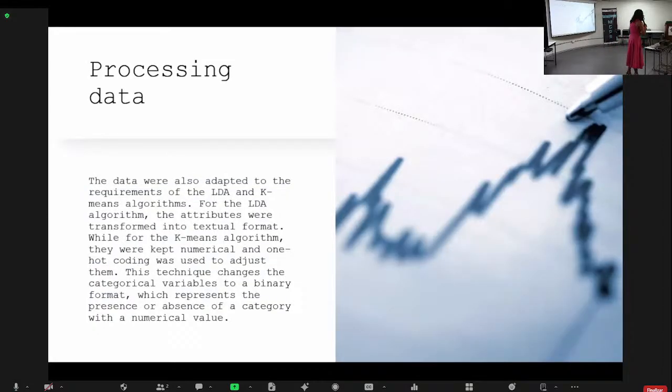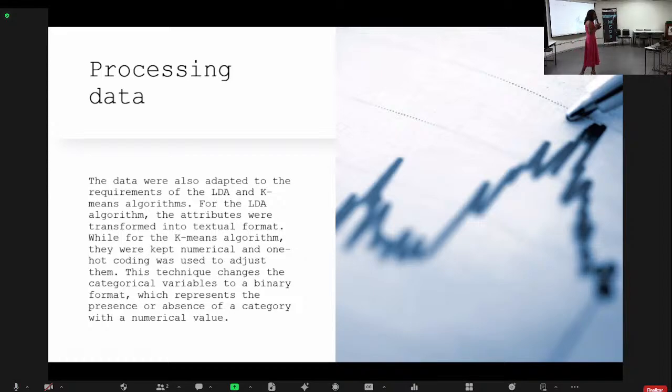The processing of data was also adapted to the requirements of LDA. For this, we need to transform the data into a textual format because we need to generate groups, or in this case, topics. For K-means, we kept numerical encoding and adjusted it.